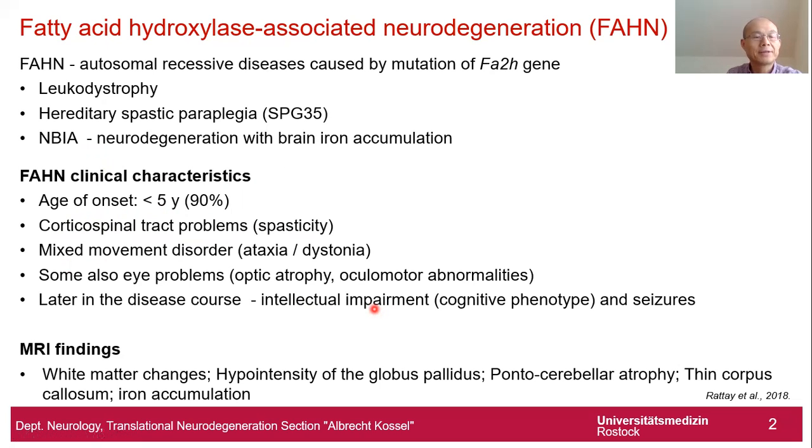The MRI findings are useful for diagnosis. They include, for example, white matter change, hyperintensity of globus pallidus, pontocerebellar atrophy, thin corpus callosum, and iron accumulation.